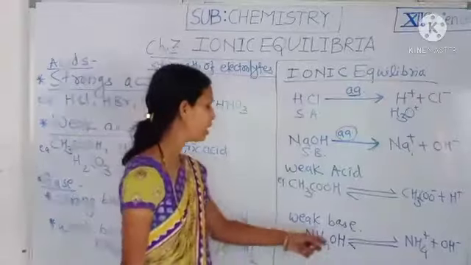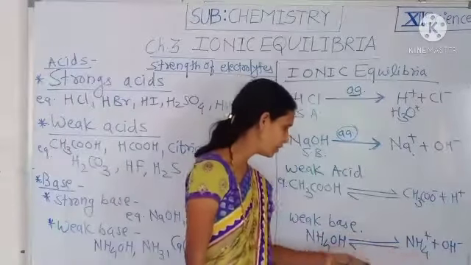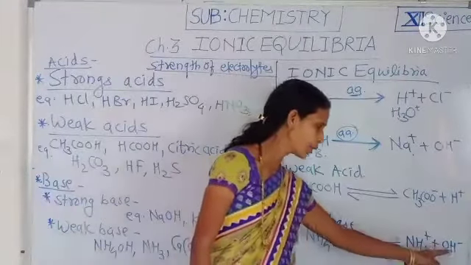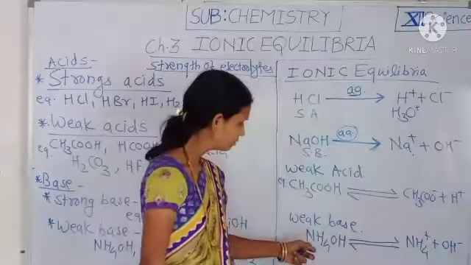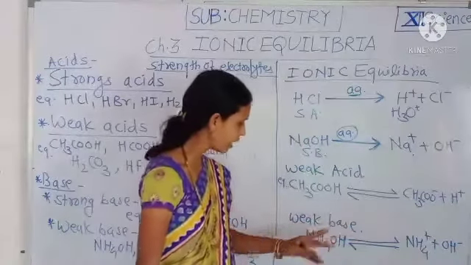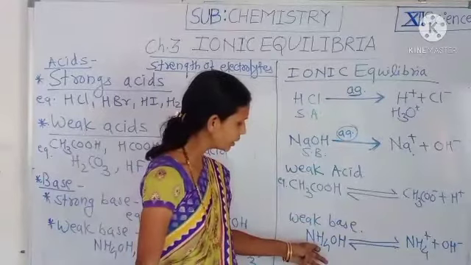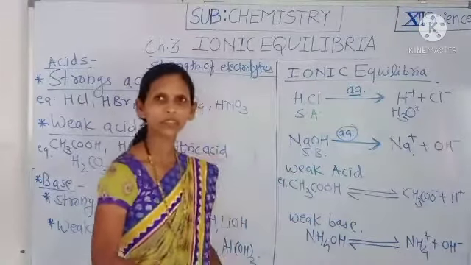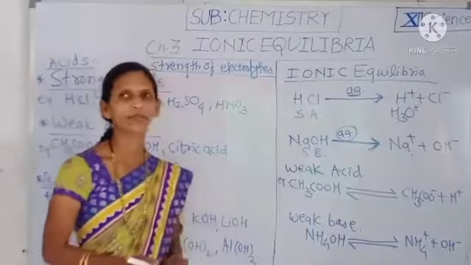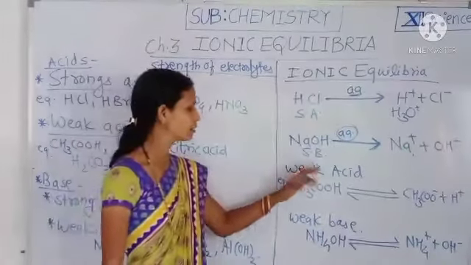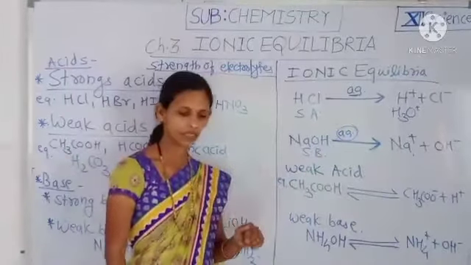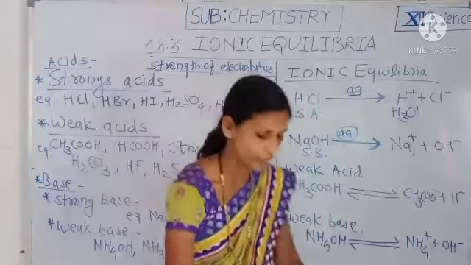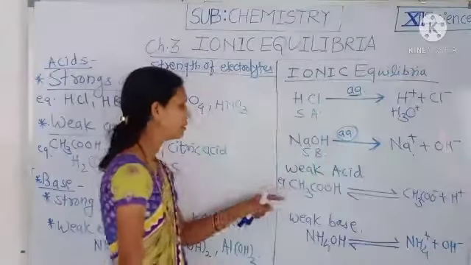Therefore, ionic equilibrium is attained between the dissociated ions NH4 plus and OH minus and the undissociated molecule of NH4OH.